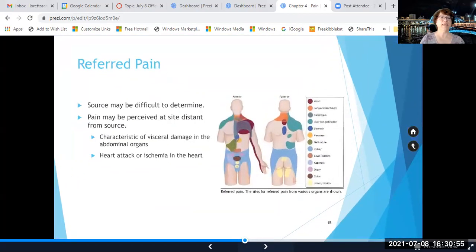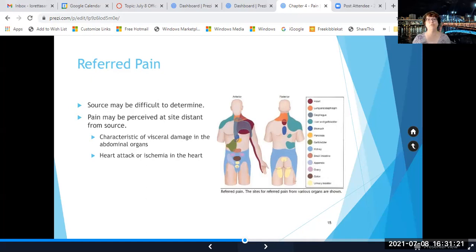So referred pain, a lot of times it is difficult. It's a pain stimulus that can be localized to a specific area, but the source of the pain is difficult to determine. The real definition of referred pain is that pain is perceived at a site distant from the source.